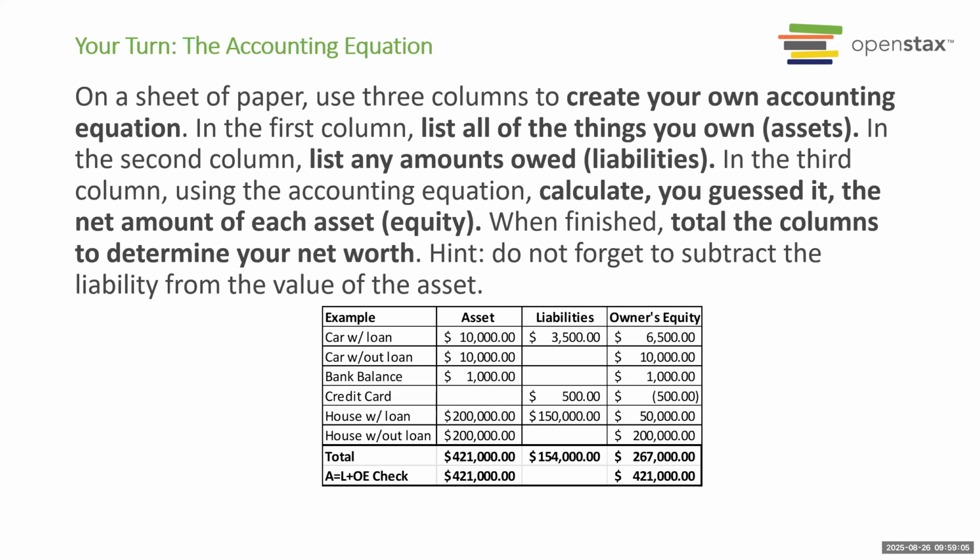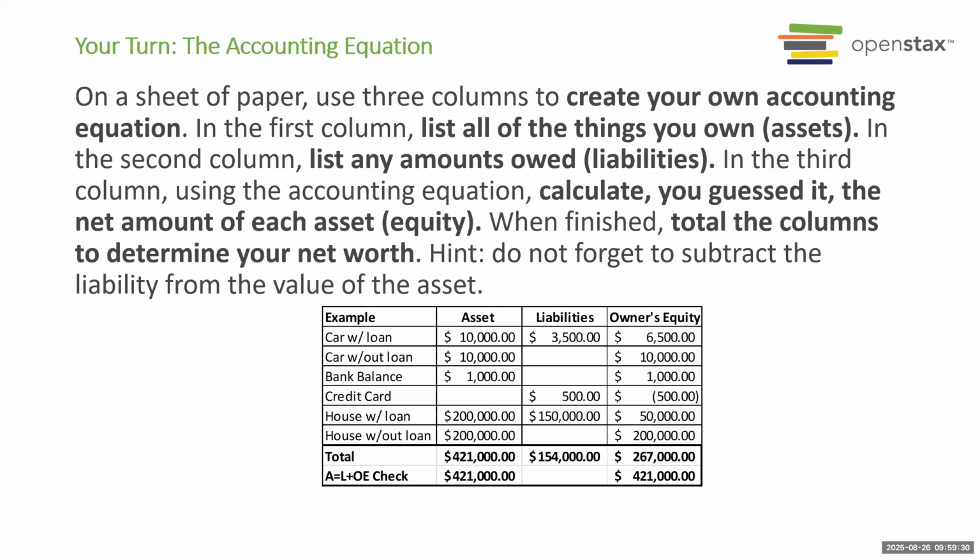Let's talk about a home with a loan, $200,000 asset. We owe $150,000 in liabilities. The owner's equity is $50,000. House without a loan, $200,000 asset and a $200,000 owner's equity. So I totaled the balances on the assets, liabilities, and owner's equity.